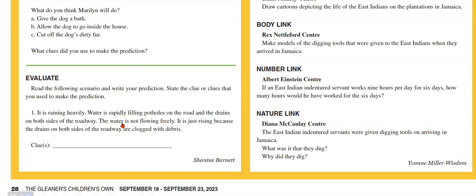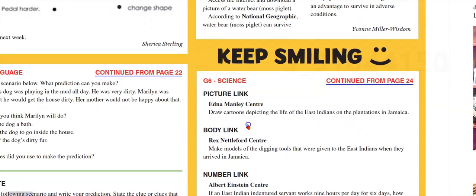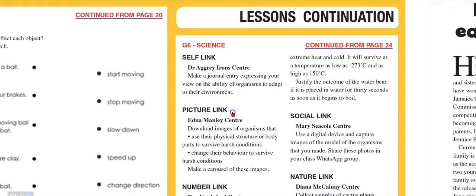The water is not flowing freely. It is just rising because the drains on both sides of the roadway are clogged with debris. So what are the clues? And then now, what would be the prediction there?